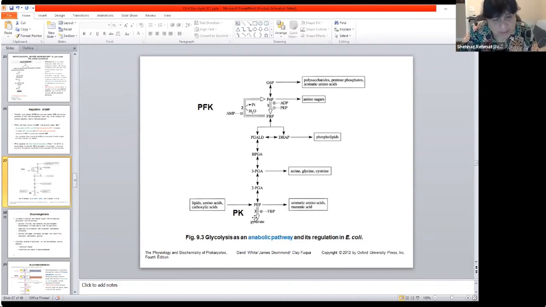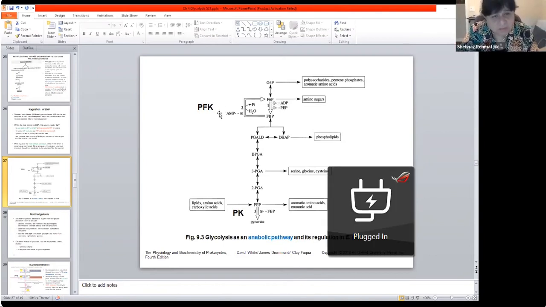So here is another enzyme, the PK enzyme, and here's the PFK enzyme. The PK enzyme is being positively regulated by what? This fructose bisphosphate. So you know this is a feed-forward regulation, and there is a positive and a negative regulation on the enzyme called PFK.